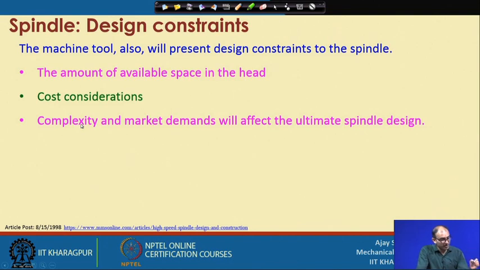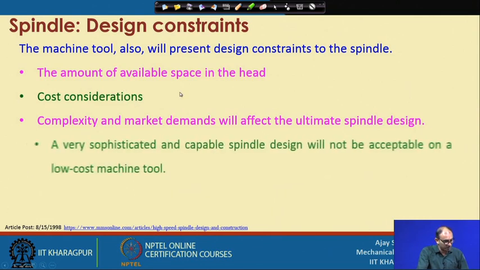Complexity means that when you are mounting an additional spindle, what are the things you have to change in the machine tool, and whether it is favorable or not. Market demand means what is the purpose of adding the additional spindle, how much job work you are getting, and what is the cost to demand ratio. If the demand is very high, it is better to spend some money to get this done easily.